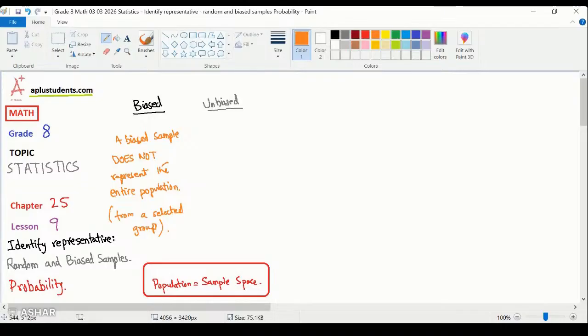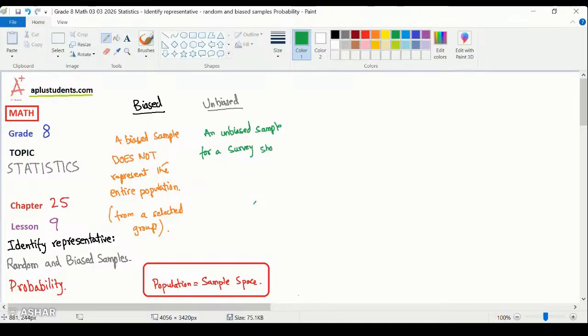Unbiased would be an unbiased sample for a survey. Survey is when you are asking questions, right?